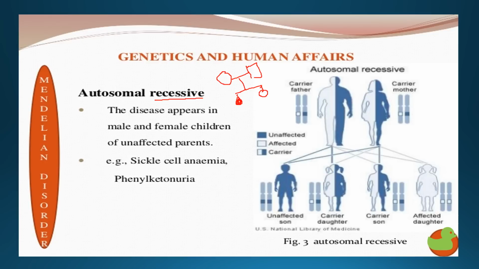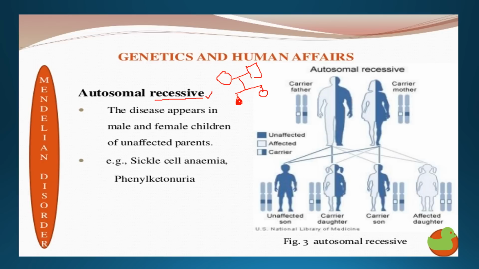For an affected offspring, the parents are normal, but they may be carriers. If one allele is mutated, that is not sufficient to show its effect. That's why we call it a recessive disease. Autosomal recessive means there is a mutation on the autosomes, irrespective of the sex chromosomes.